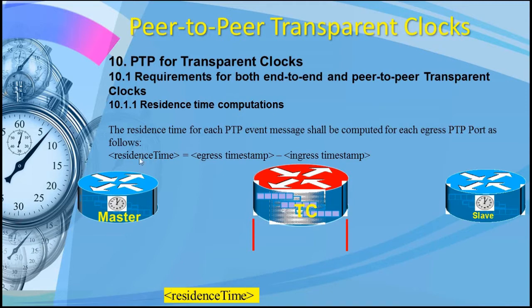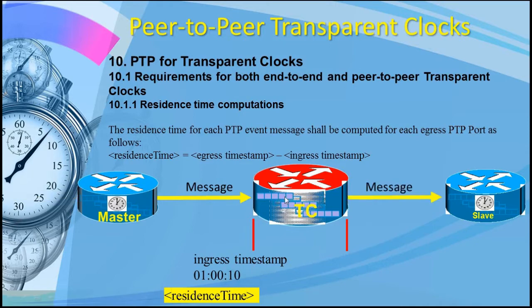One is called residence time. Residence time means the PTP message coming from the grandmaster arrives on the ingress port. After that, on the ingress port, make an ingress timestamp.